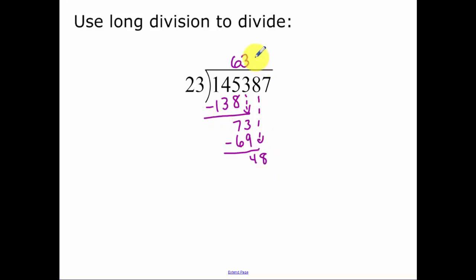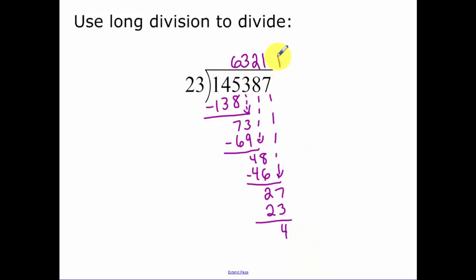23 goes into 48 2 times. 2 times 23 is 46. I subtract and get 2. I bring down my 7. 23 goes into 27 one time. 27 minus 23 is 4.